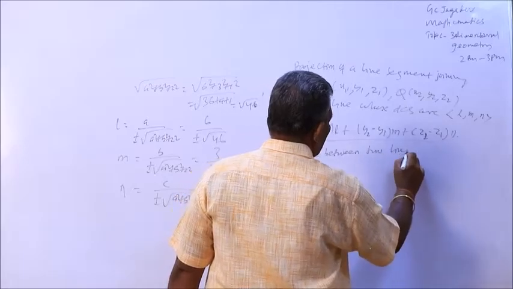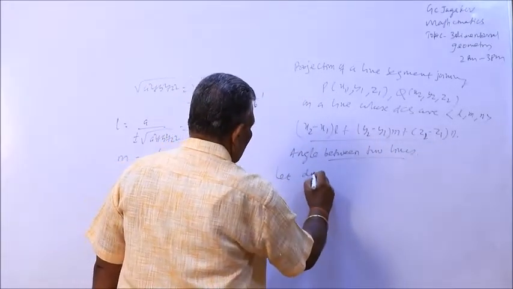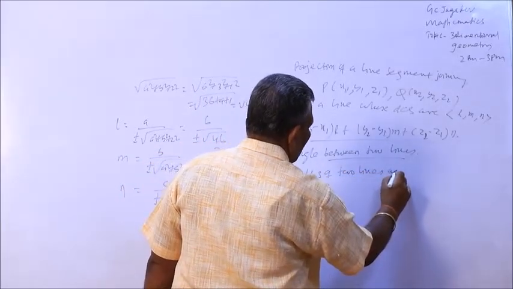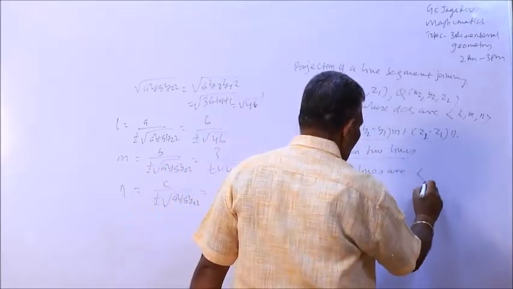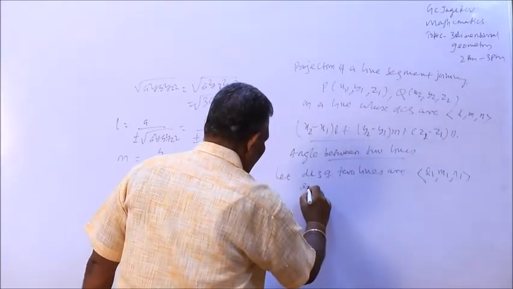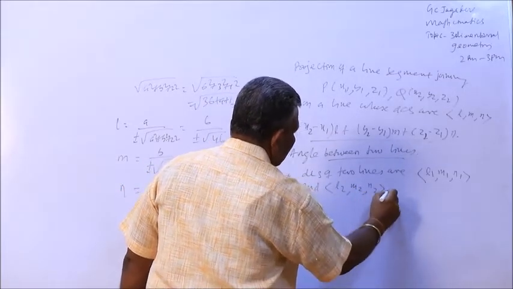Next comes your angle between 2 lines. Let DCS of 2 lines be L1, M1, N1 and L2, M2, N2.